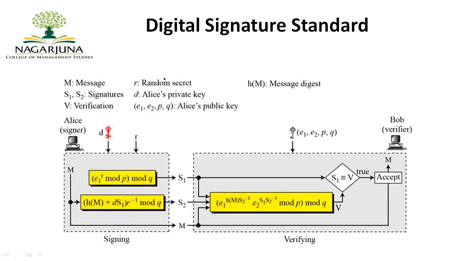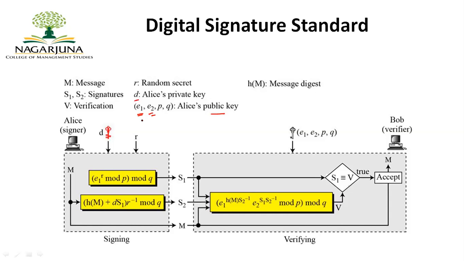The first and foremost thing is to generate the required keys. E1 and E2 are the keys which we need to generate, and we take a D, where E1 and E2 are the public keys and D is a private key. We will look into how to generate E1 and E2 in the key generation step.